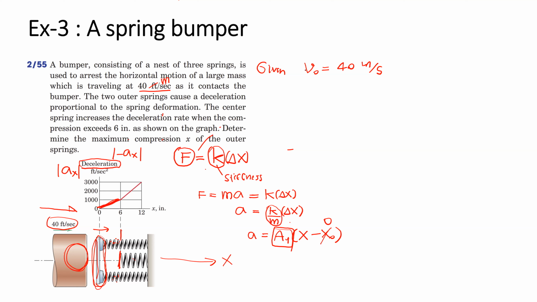So they give the initial velocity of the object, and they give the information of the acceleration. We know A1 as a function of x, and we also know A2 as a function of x. A1 applies when x is between 0 and 6.